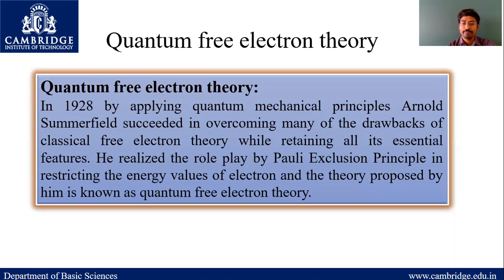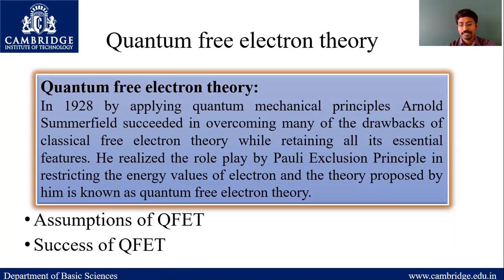He succeeded by considering the Pauli exclusion principle as the base, and he also took a few assumptions. Those are the quantum free electron theory assumptions and the quantum free electron theory success, which we will study in detail in the class.